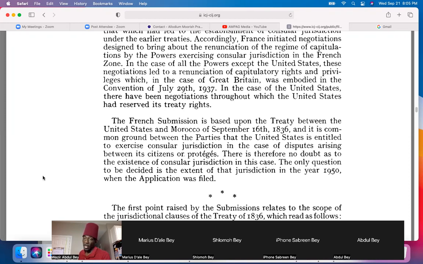Well, why is the United States entitled to exercise consular jurisdiction? Can someone answer that? Can you answer that, Charlemagne? Why is the United States entitled to exercise consular jurisdiction in the case of disputes arising between citizens or proteges?